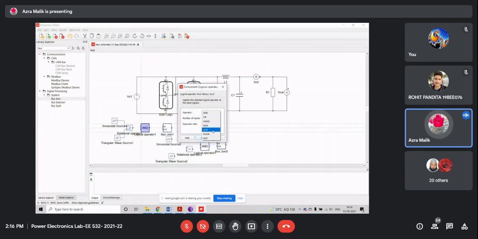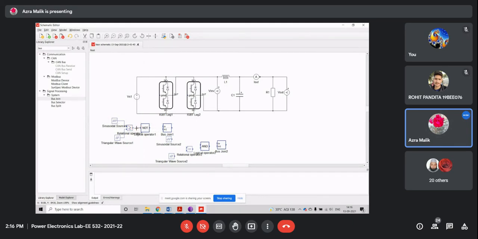Logical operator we will use not. And now connect them and provide it directly to the gate signal of leg 1.